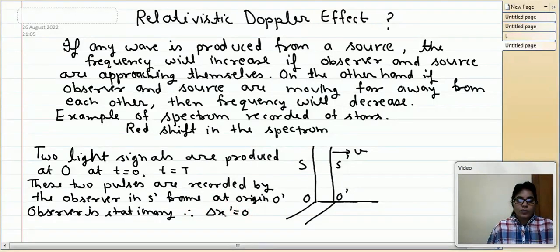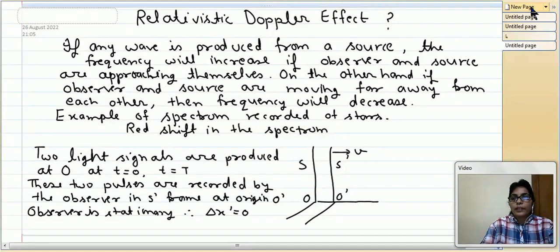Delta x dash means the space difference between the recording of the two pulses. Because the observer is stationary at O dash, there is no motion, so delta x dash will be 0.